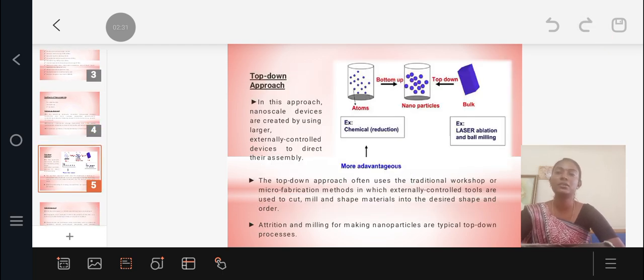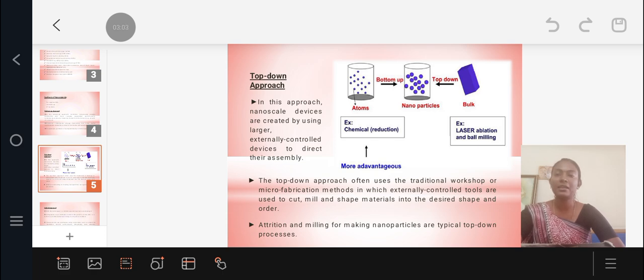The second is the top-down approach. In this approach, nanoscale devices are created by using larger, externally controlled devices to direct their assembly. The top-down approach often uses traditional workshop or microfabrication methods, in which externally controlled tools are used to cut, mill and shape material into the desired shape and order.